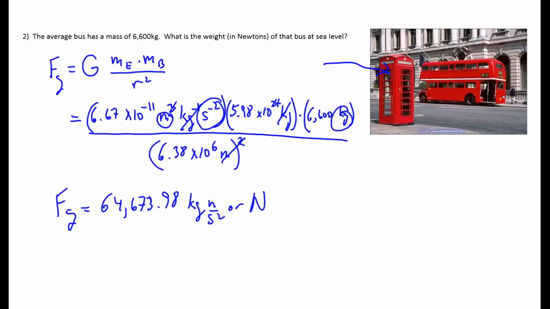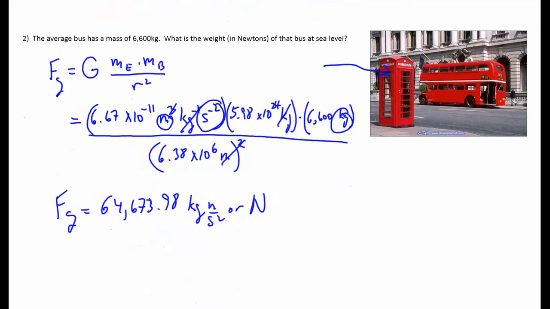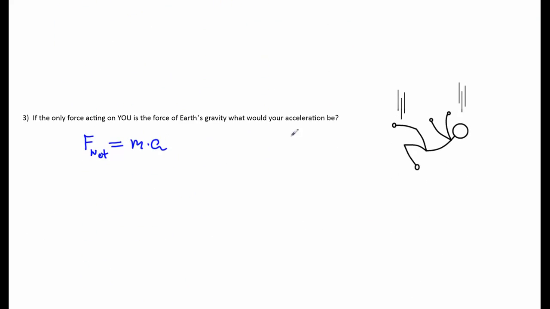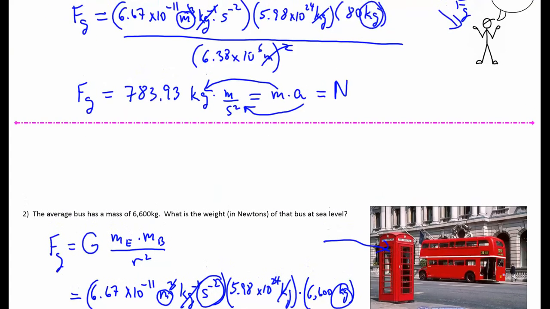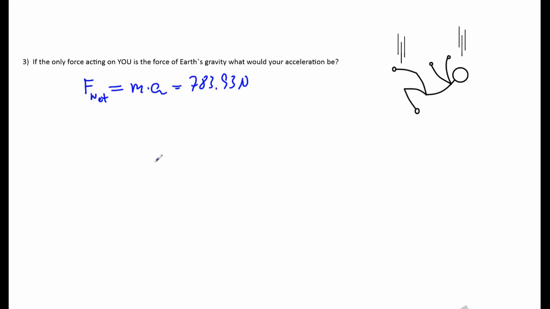Well, we've got a force of gravity on that person of 783.93 newtons. Let's just double check. Did I do that correct? 783.93 newtons. Let's see. What would be the acceleration, and in this case, due to gravity, be on that person?